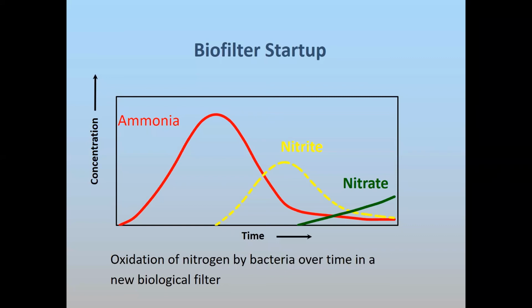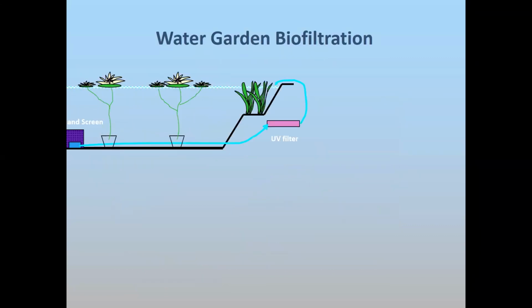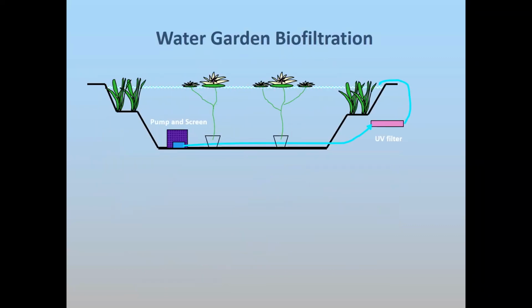These bacteria are ubiquitous, they're everywhere. So let's talk about biofiltration. Again, biofiltration is just a fancy term for using aquatic life, in this case, whether it's plants or bacteria, to use up nutrients, to take in nutrients and convert them. And there's several options here.